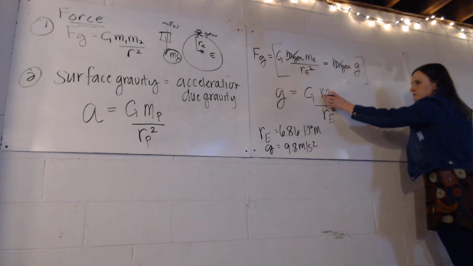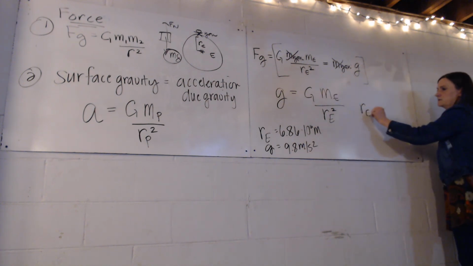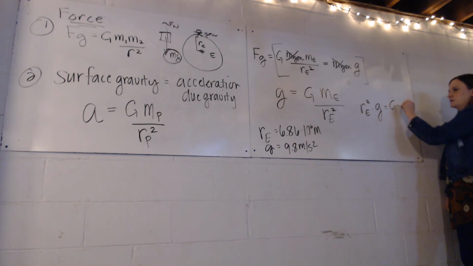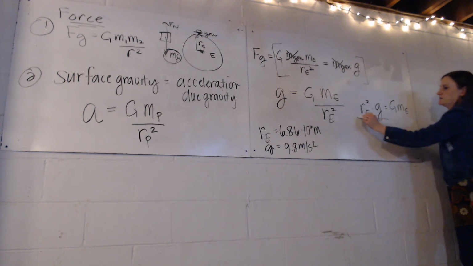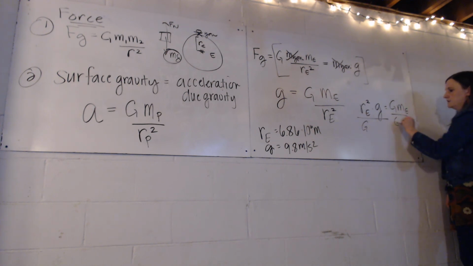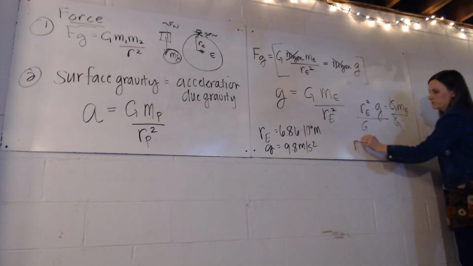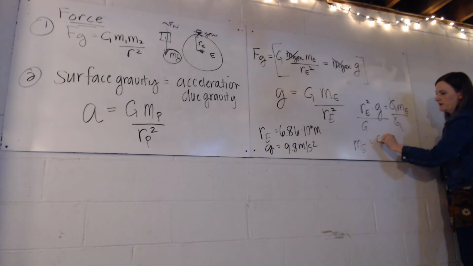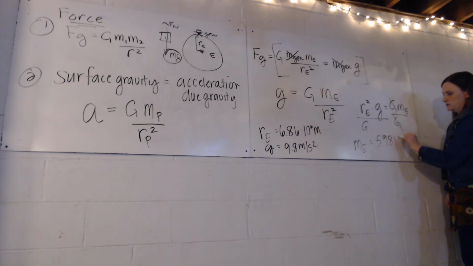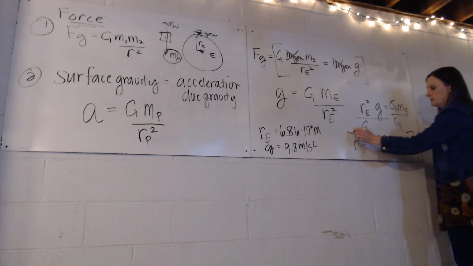So if I solve this equation for the mass of the Earth, the radius of the Earth squared times little g is equal to big G times the mass of the Earth. I divide both sides by big G, and then I solve for the mass of the Earth. It ends up being about 5.98 times 10 to the 24 kilograms when I put those values in. But that's one way people came up with the mass of the Earth.